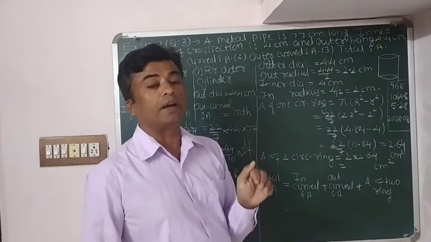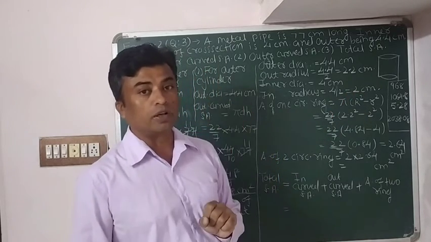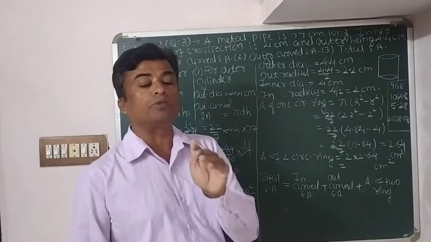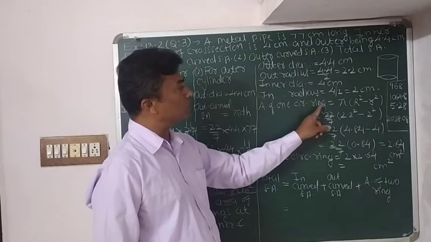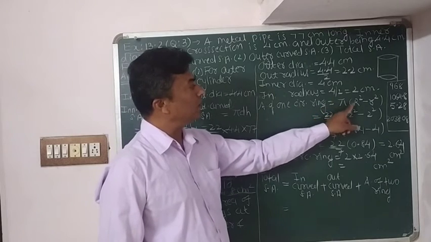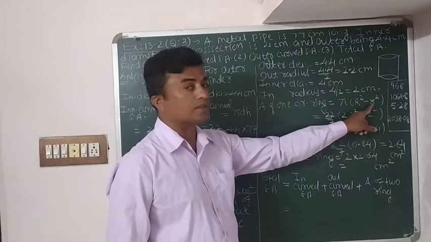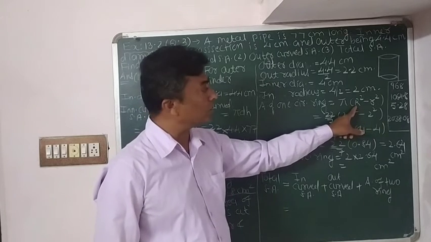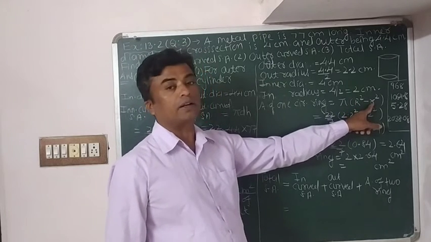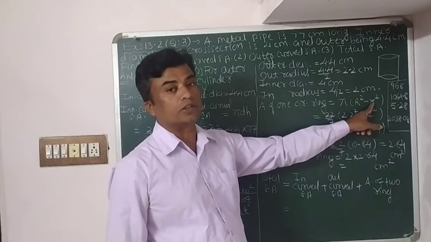Now we will identify area of one circular ring. Its formula is area of one circular ring is equal to pi in the bracket R square minus r square. This capital R is the radius of the outer circular ring and small r is the radius of the inner circular ring.